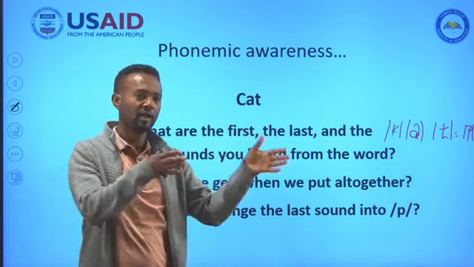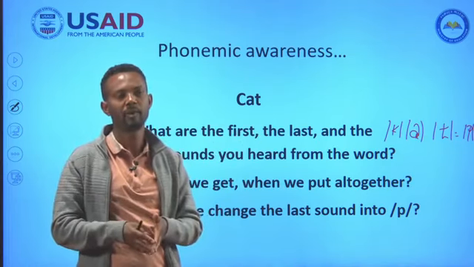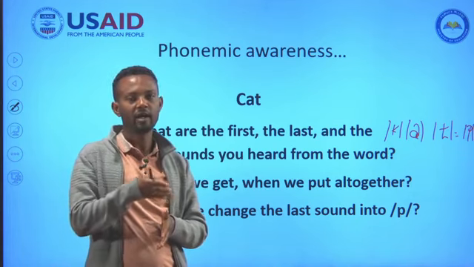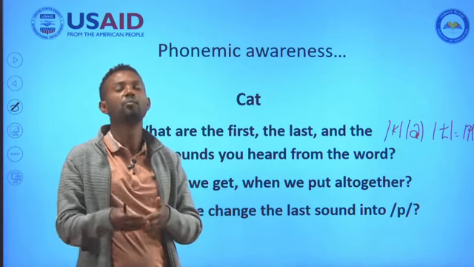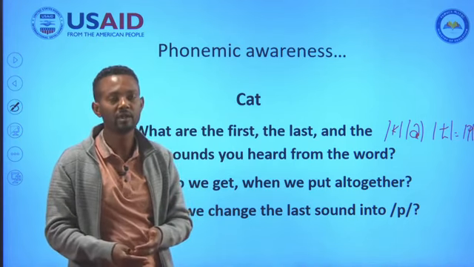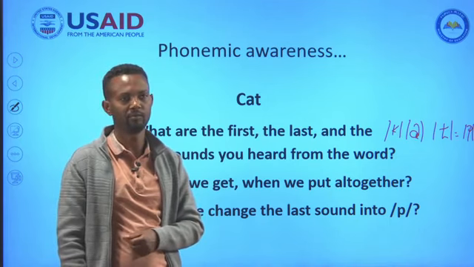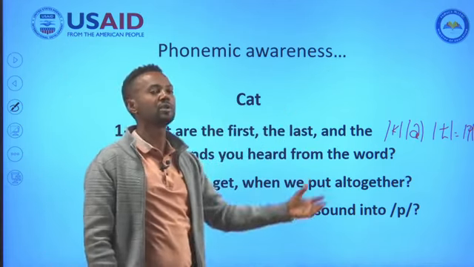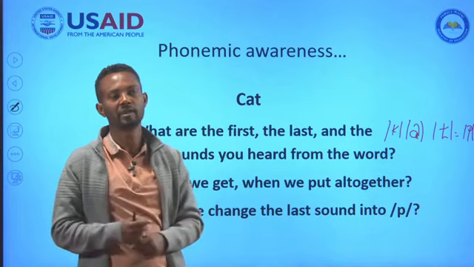So, let me try to define phonemic awareness. Phonemic awareness means the ability to identify, isolate, bring together sounds, and manipulate sounds in oral speaking. Having this ability enables students to understand the words in the reading text.